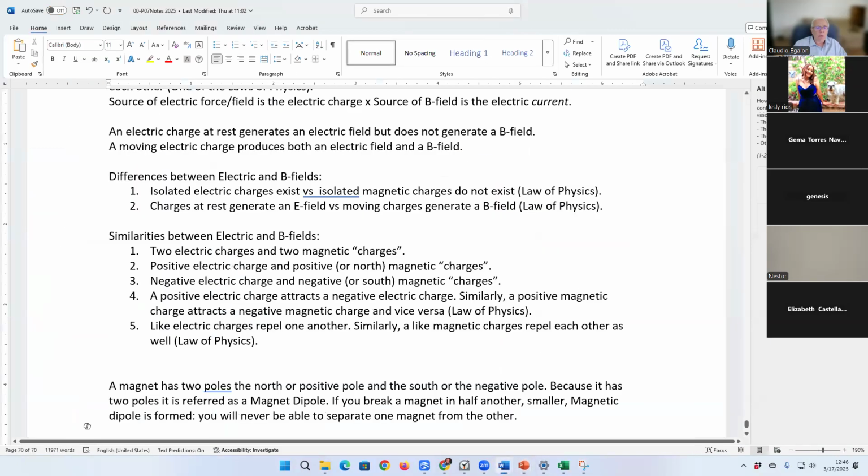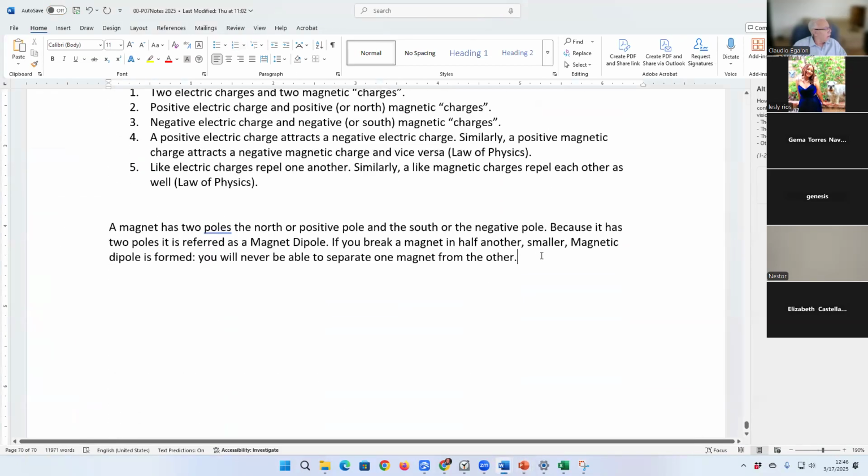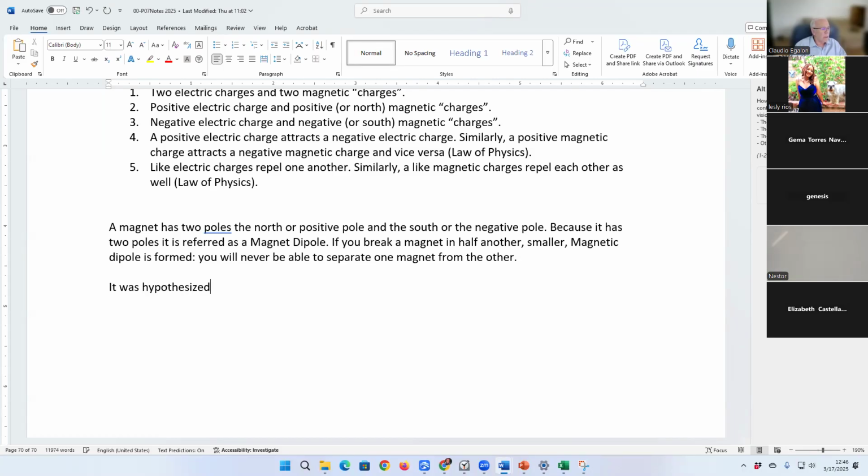Another piece of information that you must remember: the Earth was hypothesized by the Chinese and the Mongols that Earth is a huge magnet. What else did they discover?